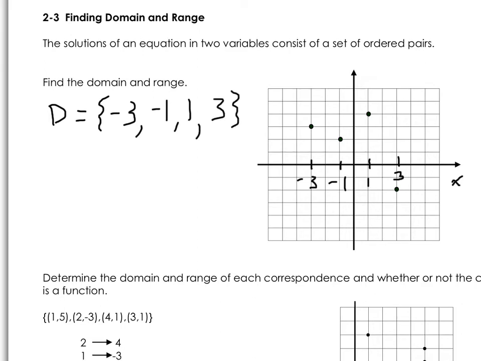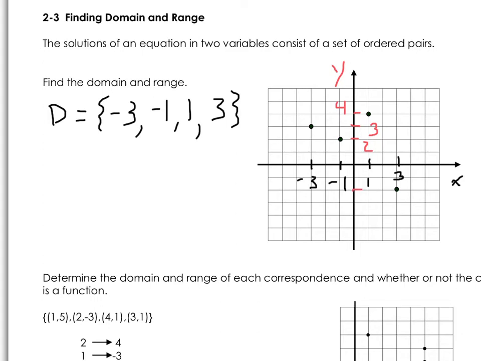How about the range? The range will be the set of all possible y values. Y is the vertical axis, so looking at the topmost point, it looks like y can be a 4. Next point down, y is 3. Next point down, y is 2.